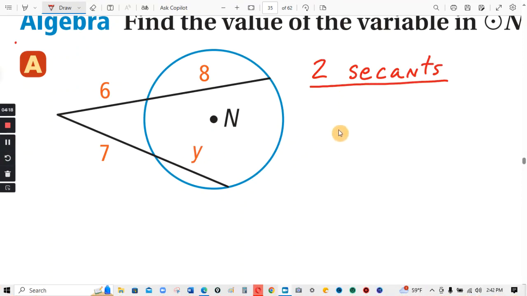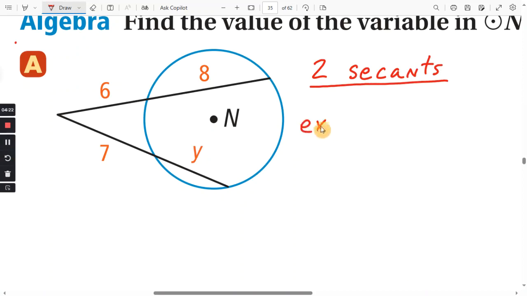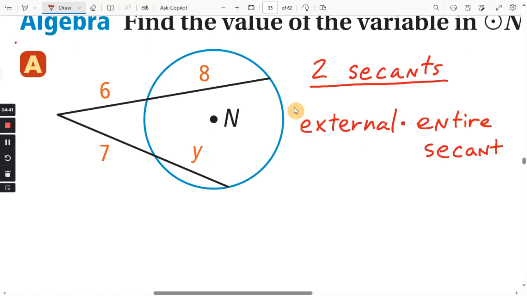So for the secants, remember, you want to do the external times the entire secant. All right, so we're going to multiply the external times the entire secant, and set them equal to each other.